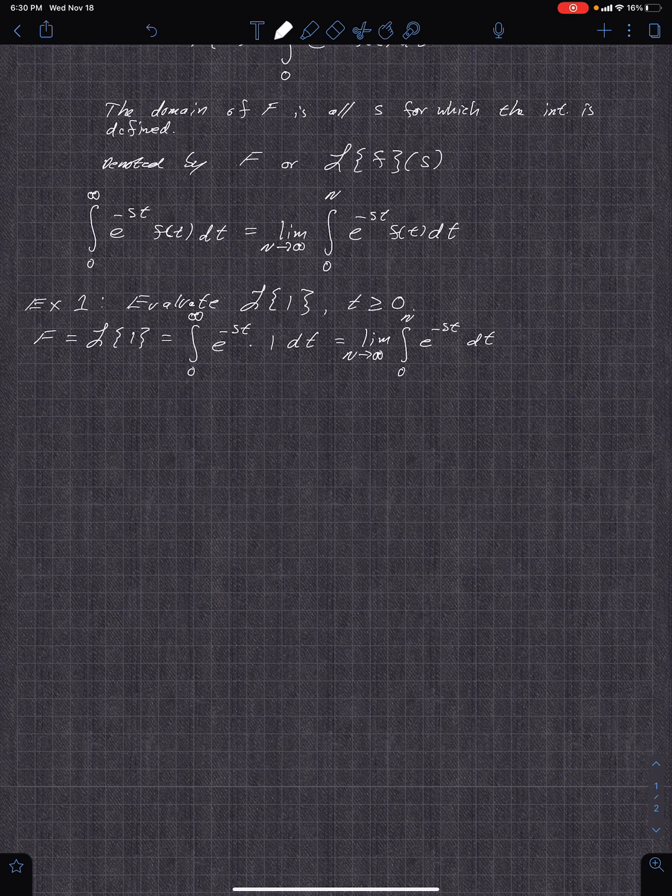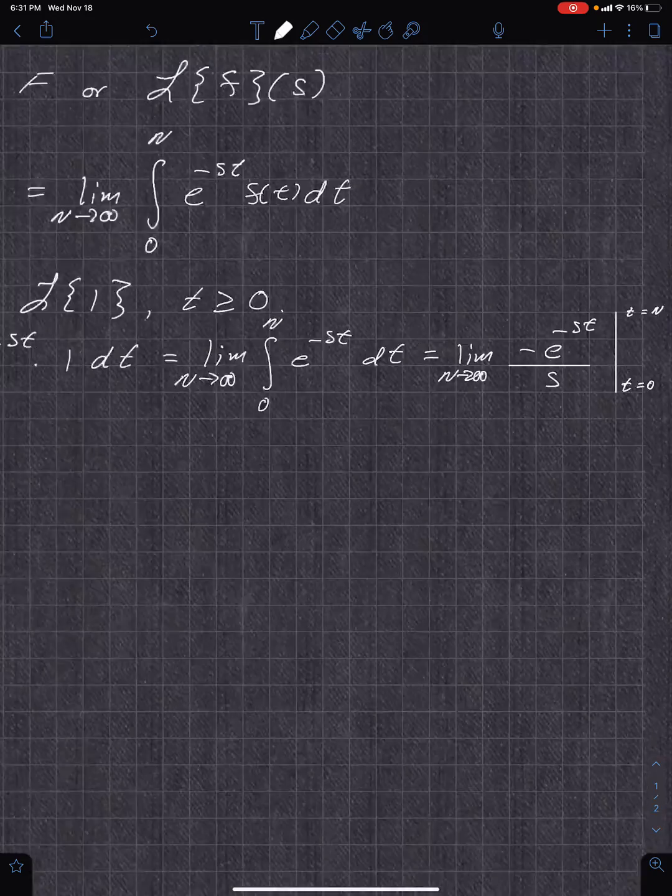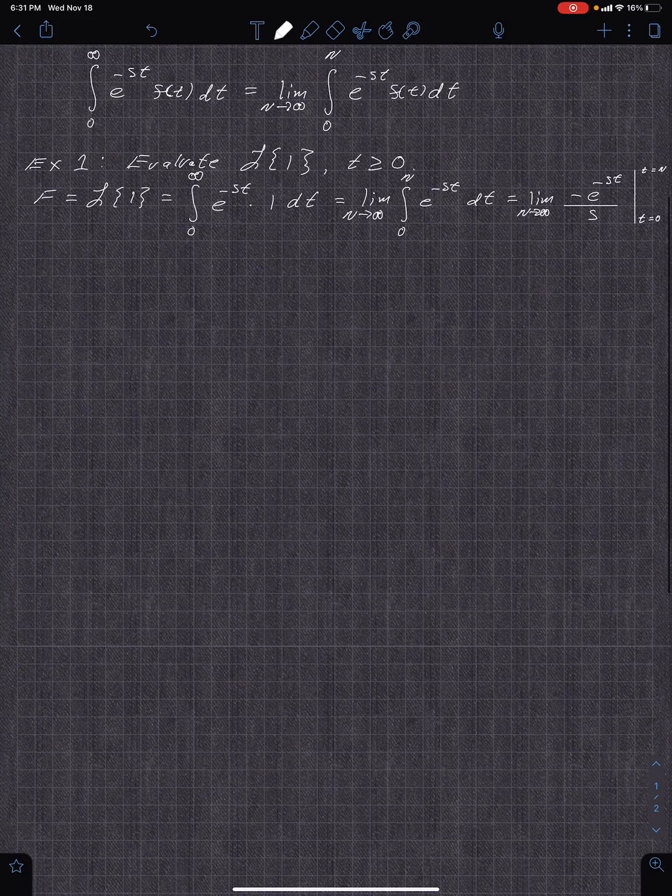So this is equal to the limit as n approaches infinity of negative e to the negative st over s, and then you evaluate that from t equals 0 to t equals n.